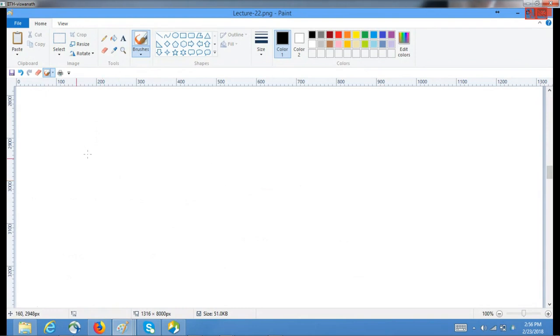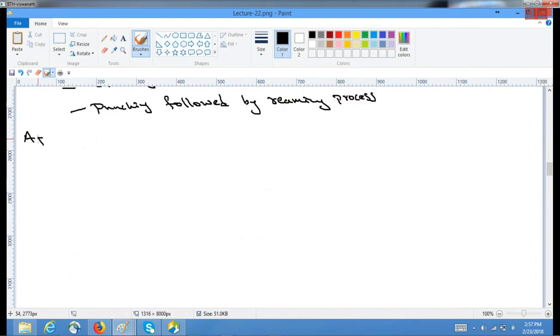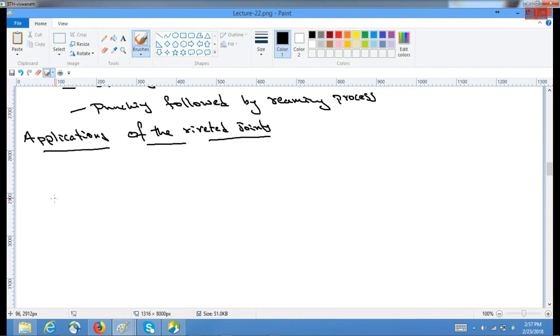So applications of the riveted joint. You can see it mostly in boilers, pressure vessels, and tanks.